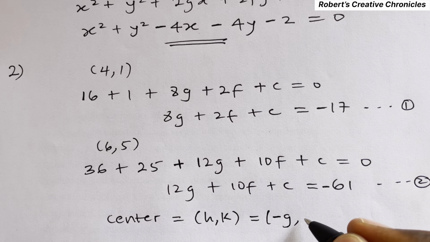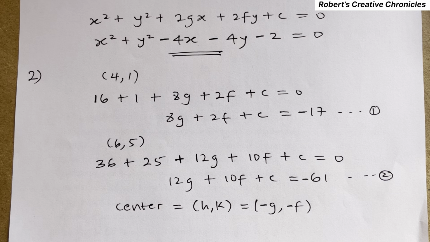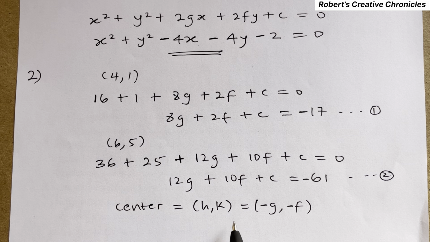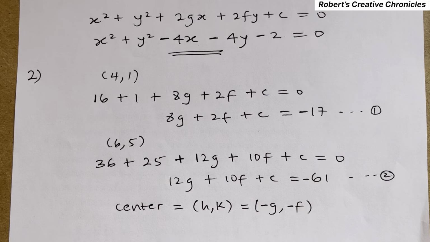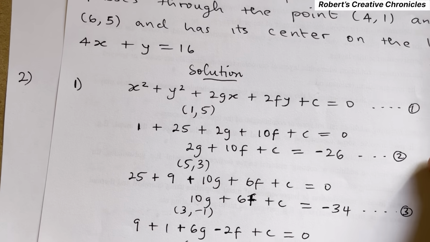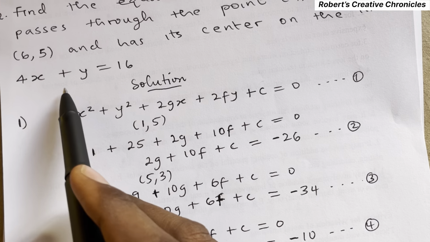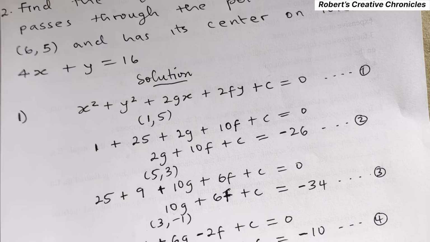Negative g, negative f. So this is the center, and this center lies on the line 4x plus y is equal to 16.